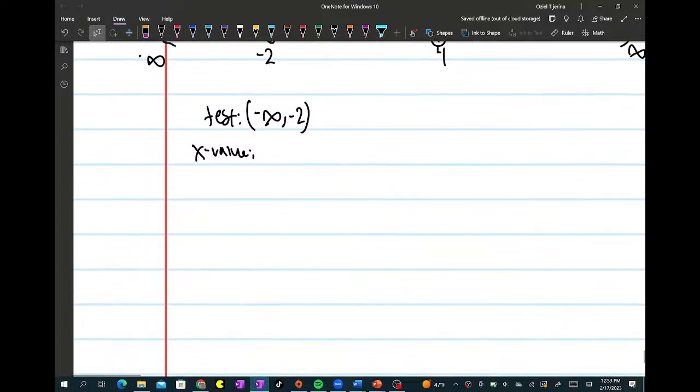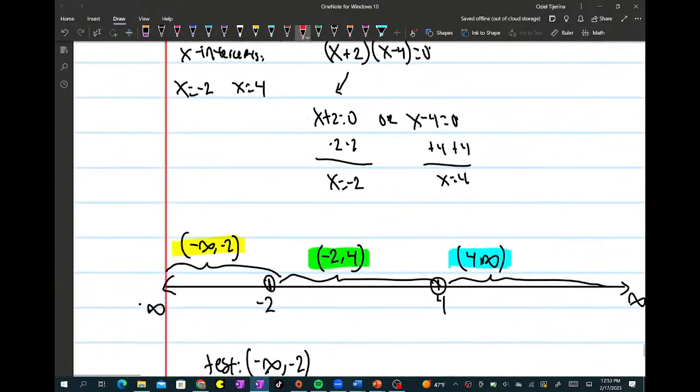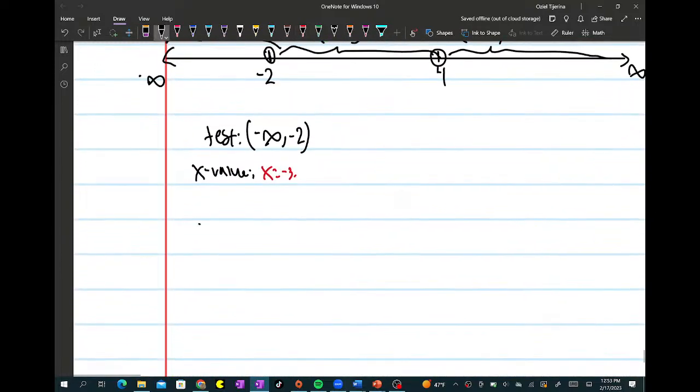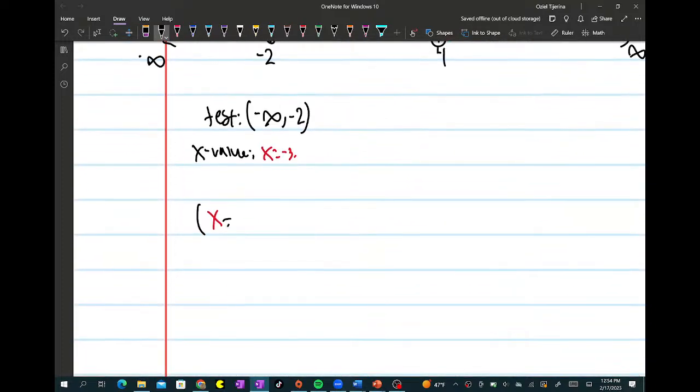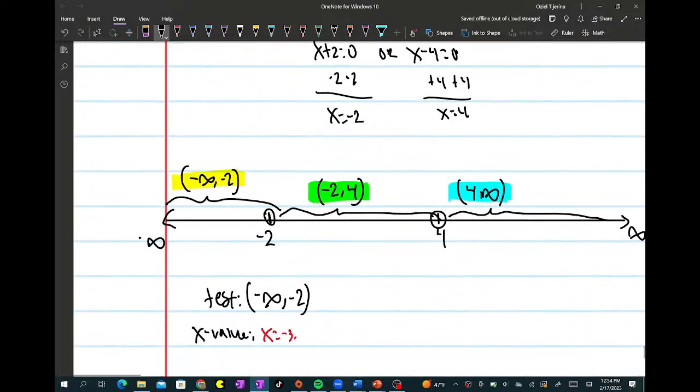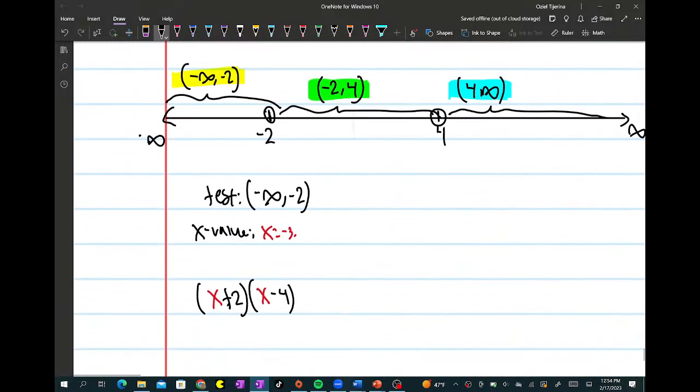Let's pick x equals -3. So we're going to write down our inequality here: x plus 2 times x minus 4 is less than 0.